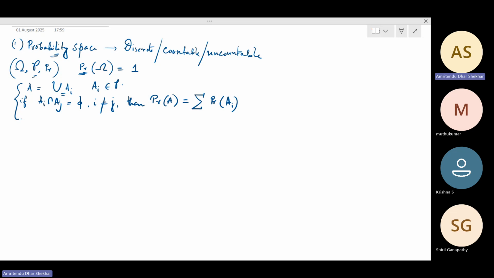Now, from this definition or from this axiom, we get a result which is very important. If you have a collection of sets, let me just write it.